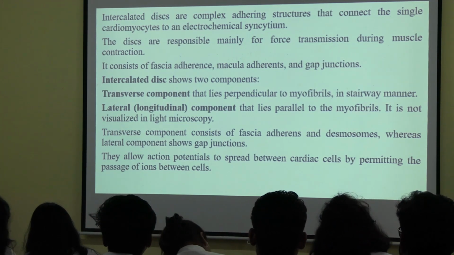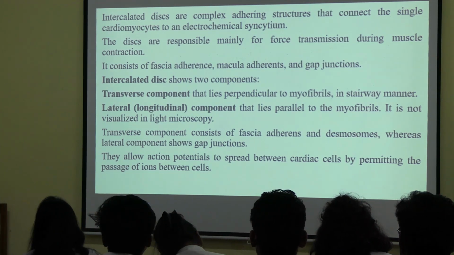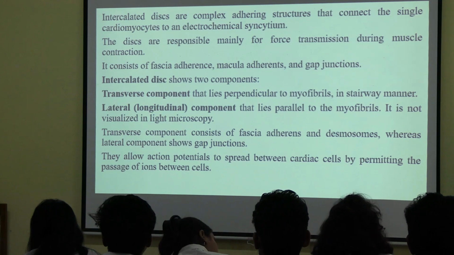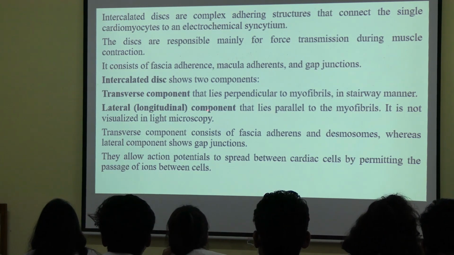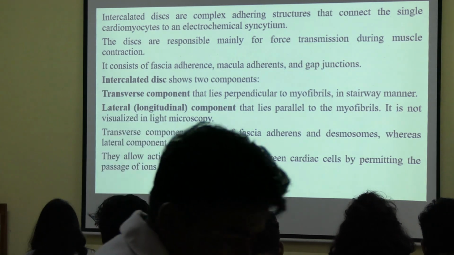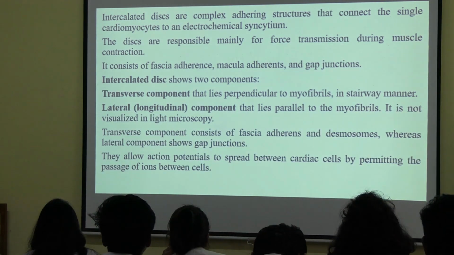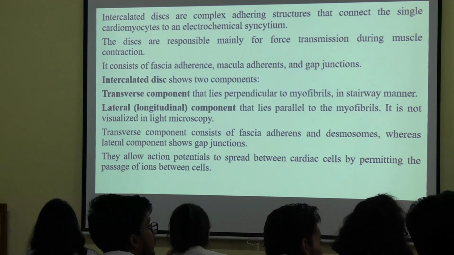Cellular junctions you have already studied in physiology. The same thing is present over here, but in a systematic way. The intercalated disc shows two components: a transverse component and a lateral component. The transverse component is perpendicular to the myofibril, and the lateral component is parallel to the myofibril.